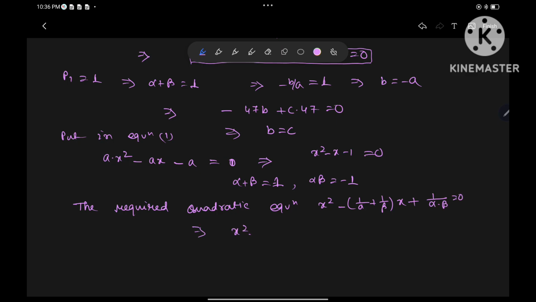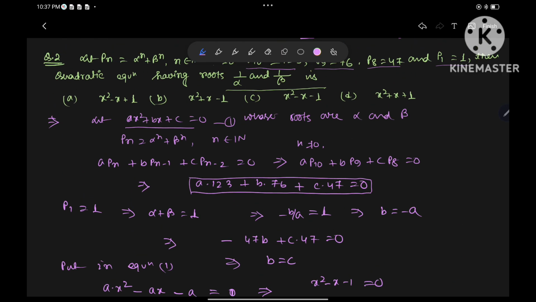So x square minus (alpha plus beta) divided by alpha beta, that is minus 1 divided by minus 1, into x, plus 1 by alpha beta, that is minus 1, equals 0. So x square minus x minus 1 equals 0. So this is our answer. So option number C.